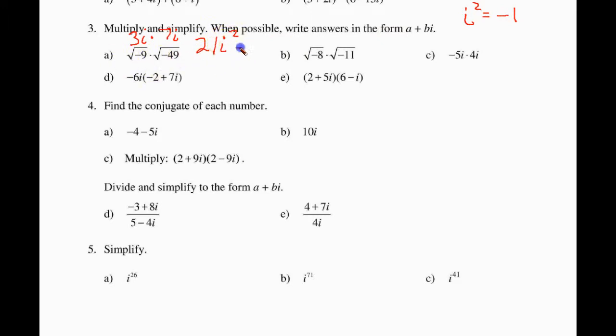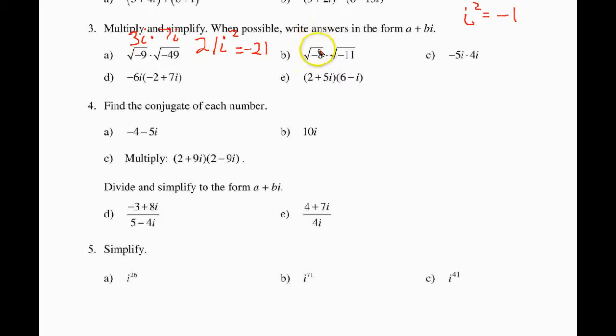This is a -21. Now notice, if you multiplied the negative times the negative in our real number working, that would have become a positive. But in imaginary numbers, you're not allowed to do it that way.